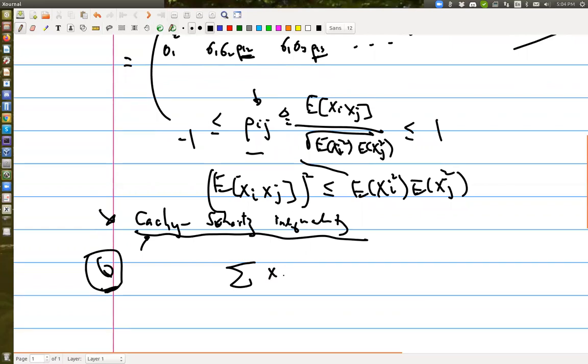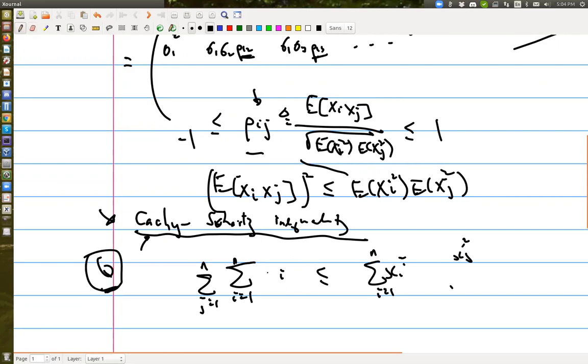In pure math, it looks like the sum over i equal to 1 to n, sum over j equal to 1 to n of xi xj is less than or equal to the sum of xi squared, i equal to 1 to n, times the sum of xj squared, j equal to 1 to n. Actually, I can have x and y be different.